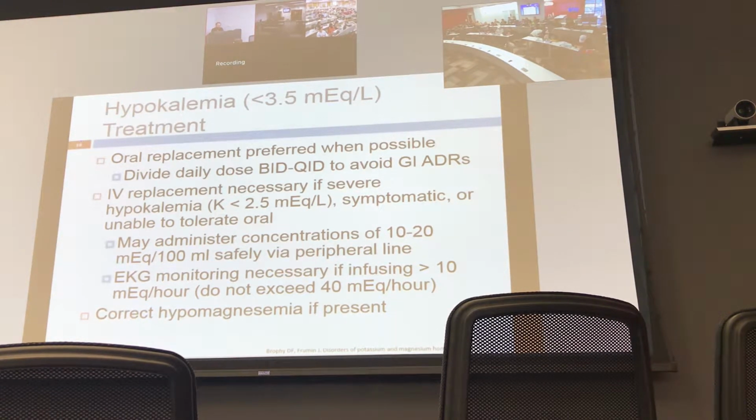Typically, we don't exceed a rate of 10 milliequivalents per hour, and the concentration depends on whether or not the patient has a central line. So 20 milliequivalents per 100 mL is okay in a central line, but it will probably burn in a peripheral line, so we reduce it to 10 milliequivalents per 100 mL. And then, again, as I said, you correct the hypomagnesemia if that's present.